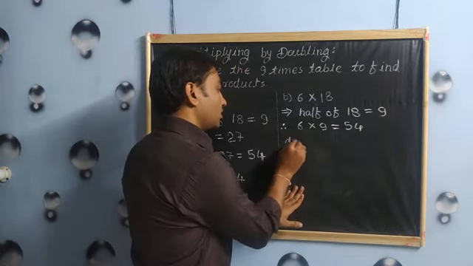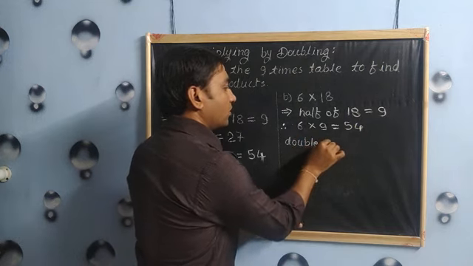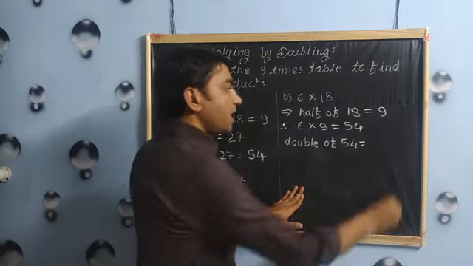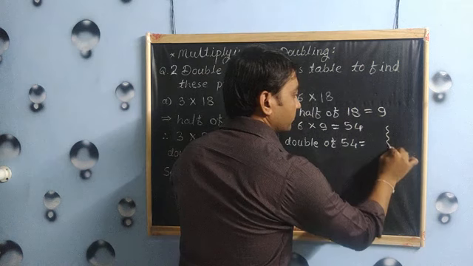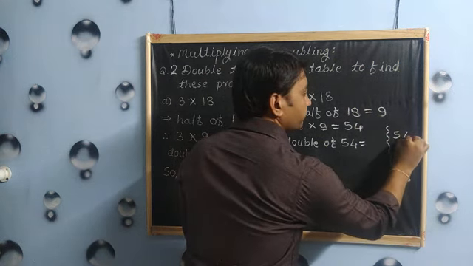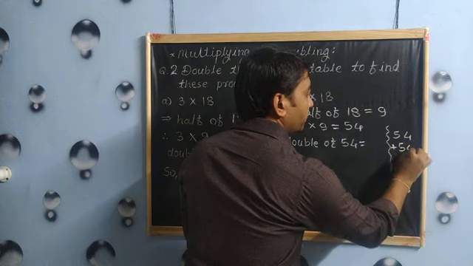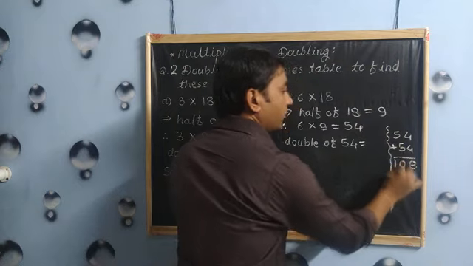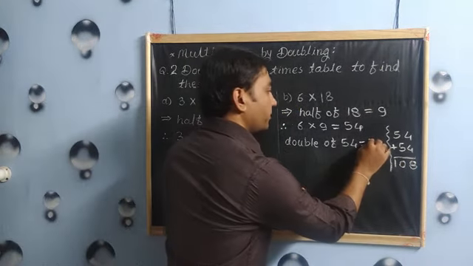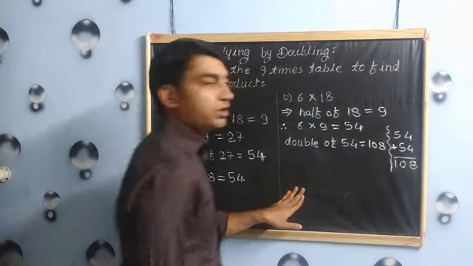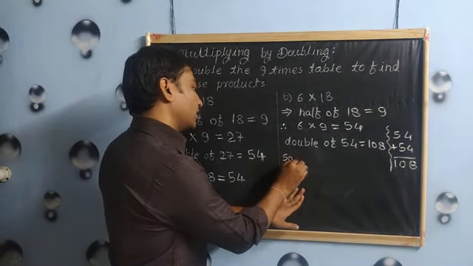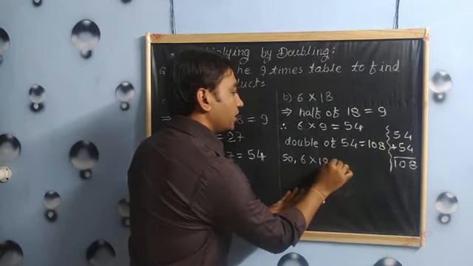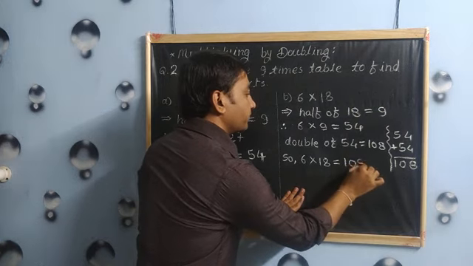Double of 54: to find the double of 54, add 54 two times. 54 plus 54. 4 plus 4 is 8 and 5 plus 5 is 10. So 108. Double of 54 is 108. So the answer is 6 into 18 equals 108.